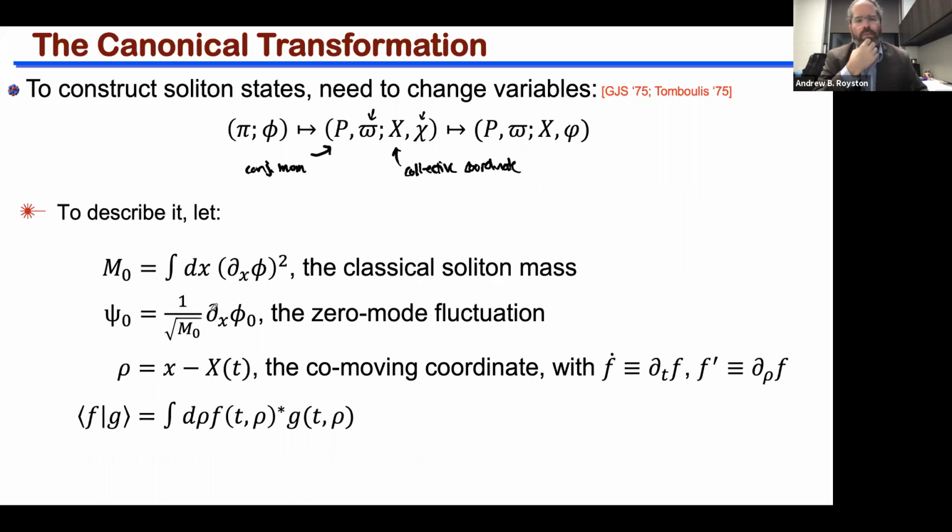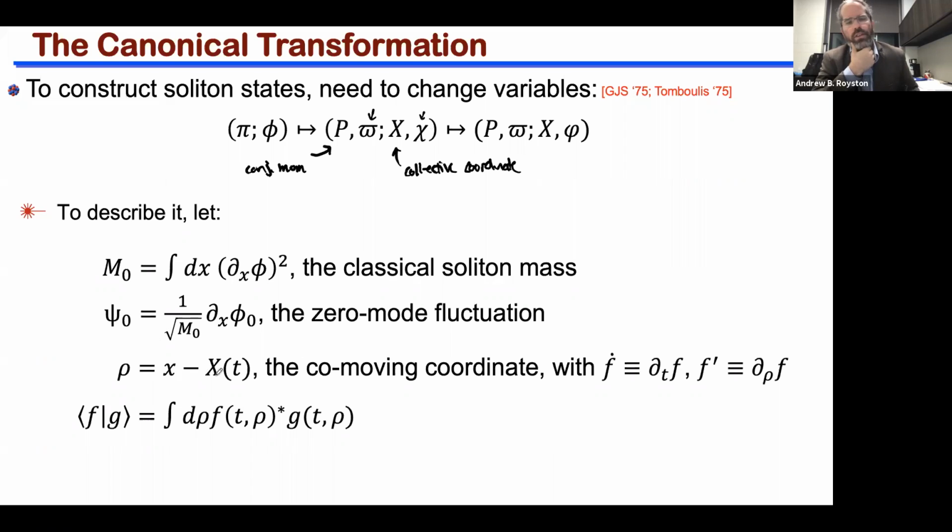We have it because we have translation invariance. So this is the mode that we're going to remove and replace, if you will, with the collective coordinate. So the chi field and the curly pi field here are not unconstrained. They're not completely free. They're going to be required to be orthogonal to this zero mode. And we'll come to that in a second.